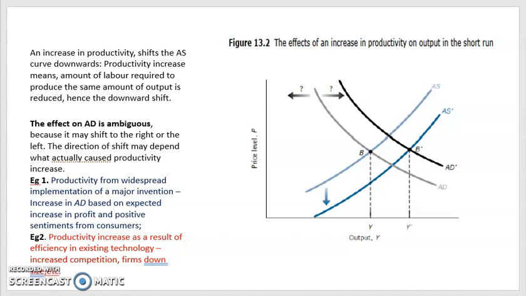The effect of the increase in productivity is to decrease the amount of labor needed to produce a unit of output, which is basically by reducing the cost for firms or producers. So this leads firms to reduce prices they charge for any level of output, and hence the AS curve will shift downwards, like that.